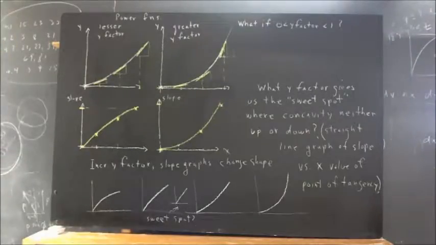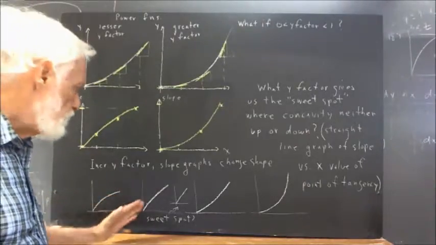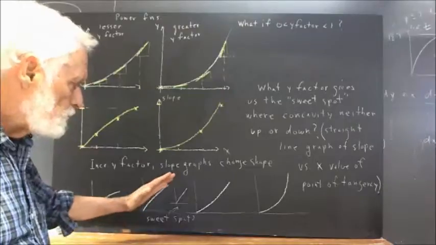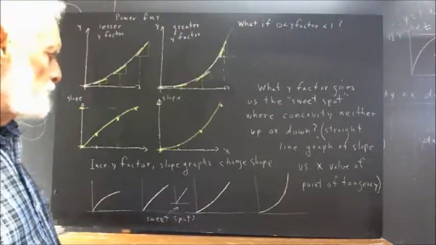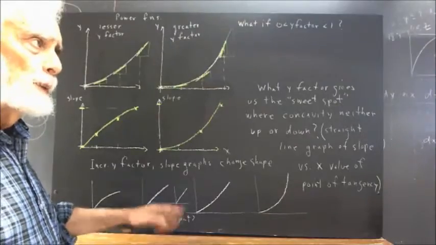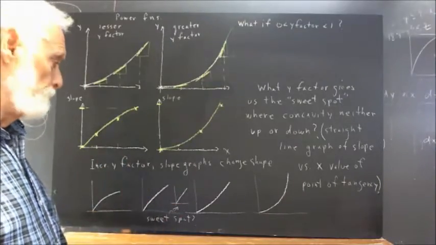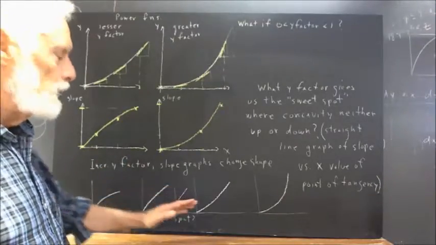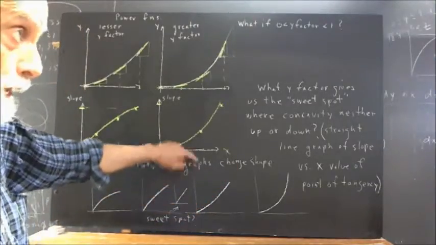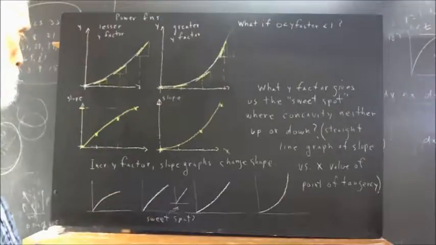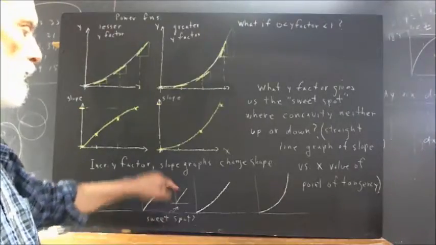So, between a little bit of downward concavity and a little bit of upward concavity, we expect maybe that there would be a sweet spot where we have no downward concavity and no upward concavity. And that would give us, what, a straight line graph through the origin. So, the question is, is there a sweet spot?